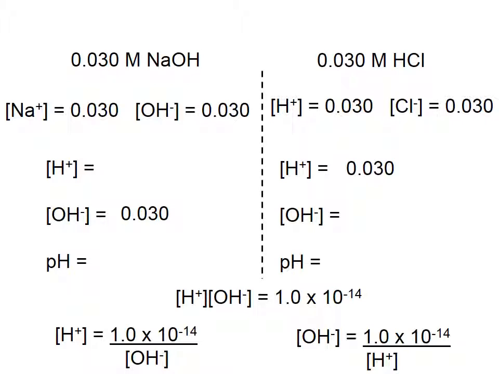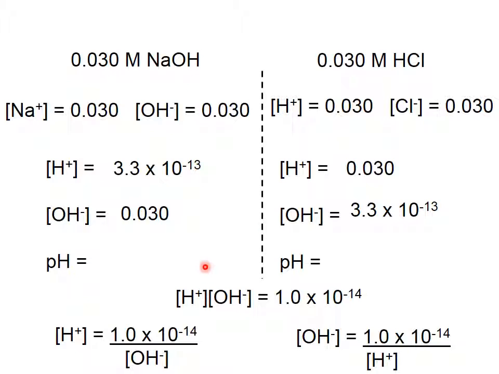And over here, hydroxide concentration is 1 times 10 to the minus 14 over proton concentration. I plug in my values, and this is what I get. Notice how they're flip-flopped. Why? Because this is a base and this is an acid. They're making different ions in solution.